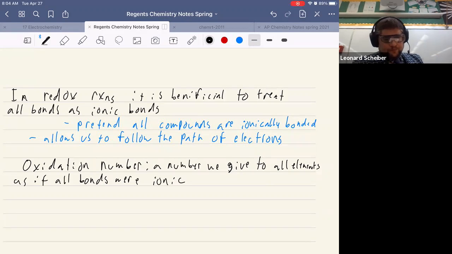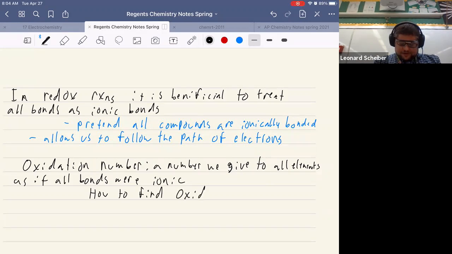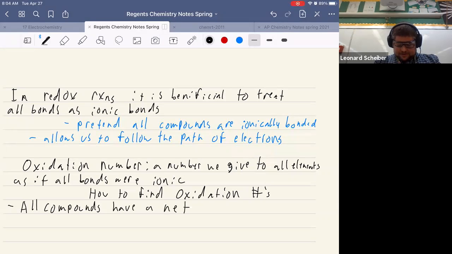So we got some rules on how to find oxidation numbers. First thing we should know is that all compounds have a net of 0.